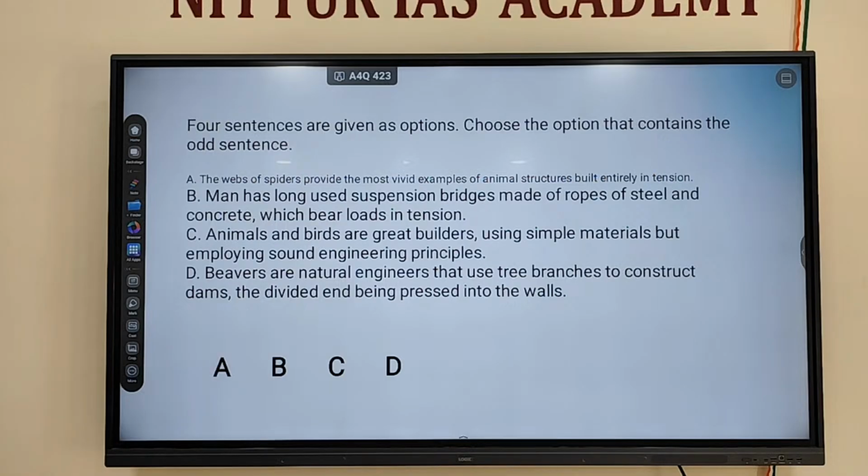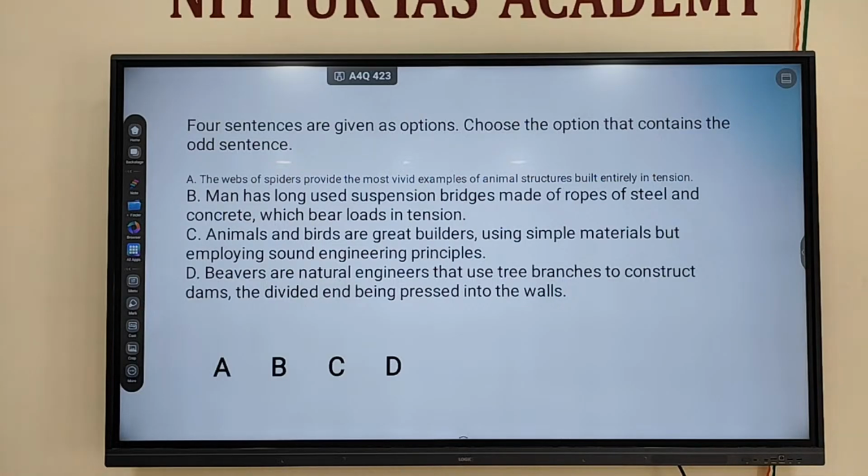Okay, the webs of spiders provide the most vivid example of animal structures built entirely in tension. Man has long used suspension bridges made of ropes of steel and concrete which bear loads in tension. Animals and birds are great builders using simple materials but employing sound engineering principles.